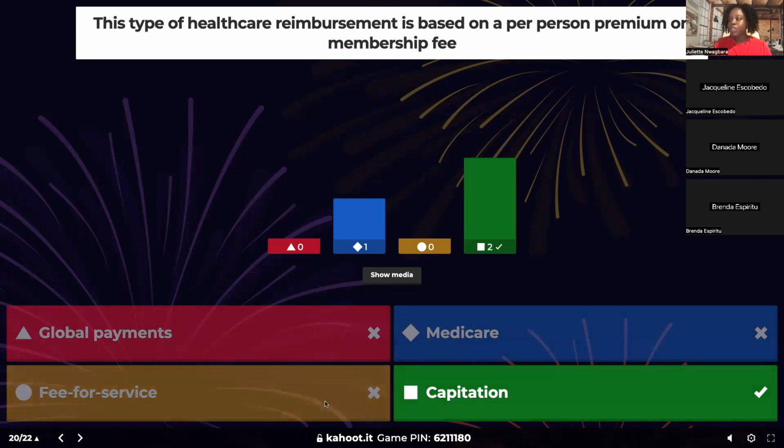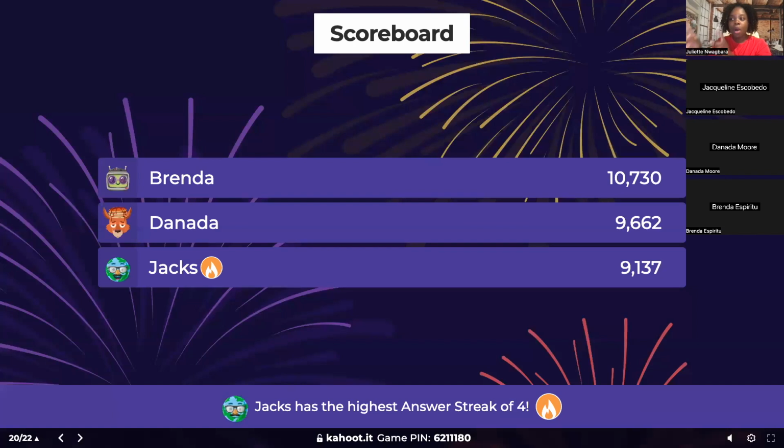And fee for service is when you get service. So if I want to get a surgery and they do a particular procedure for me, they'll assign a particular code based on what I'm getting done. So fee based on my service being done. And then this is more like the membership situation. So please watch the course or the video in your course about this. I talk about all of these.